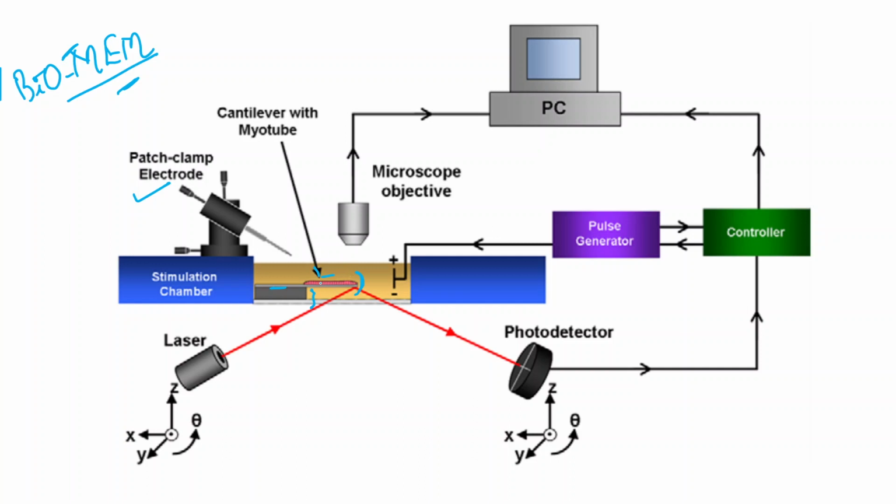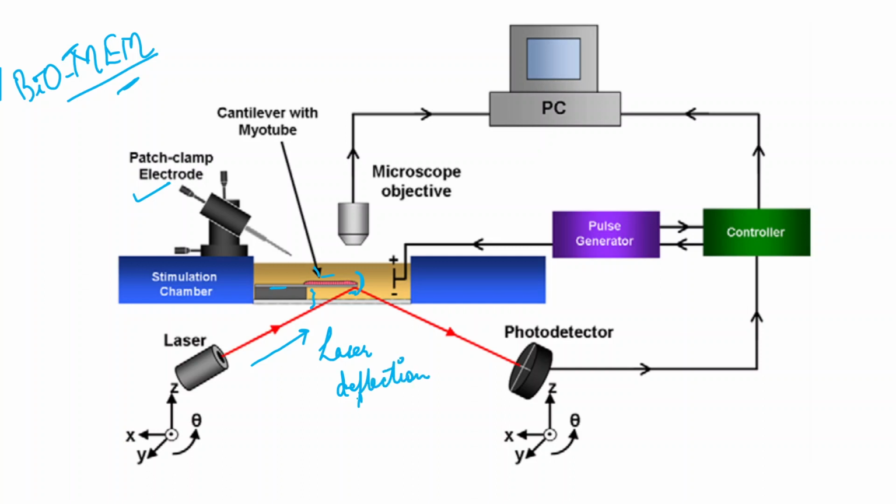Just as this myotube moves, whether it contracts or otherwise, this cantilever is also going to move along with it. Then the laser will be deflected, right? It will not be at the same place where it was before if the cantilever has moved as a result of the contraction of the myotube.